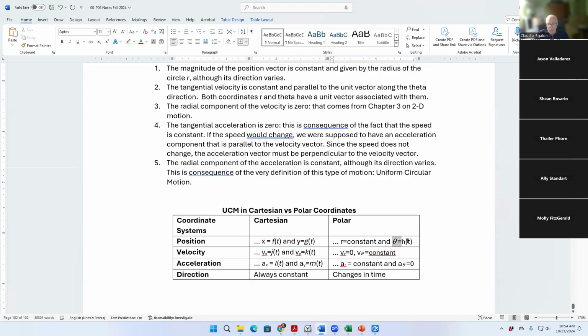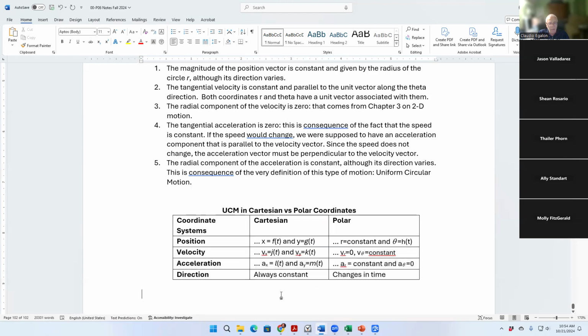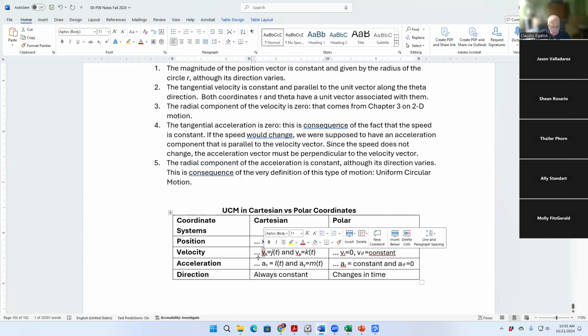But the theta angle is a function of time, okay? For the velocity, this first one we already saw, right? What we didn't see is the other three lines here. For the velocity vector, the x component of the velocity is going to be a function of time as well, and also the y component of the velocity.